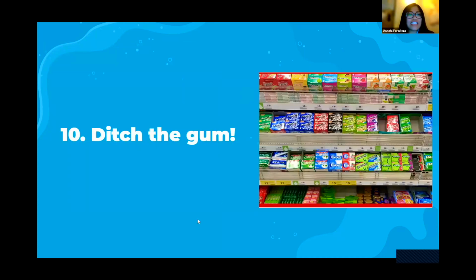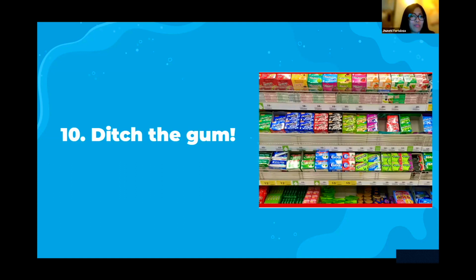And last but not least, number 10, ditch the gum. I know for a lot of people who like to chew gum, this is a hard one. There is gum that exists that's not made out of plastic, but if you didn't already know, besides the fact that gum comes in really unnecessary amounts of wrapping that can't be recycled, gum itself is made out of plastic.